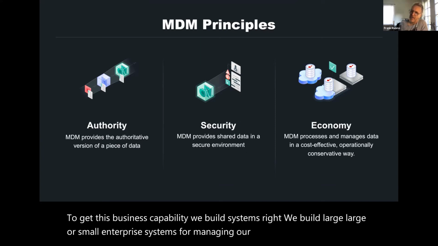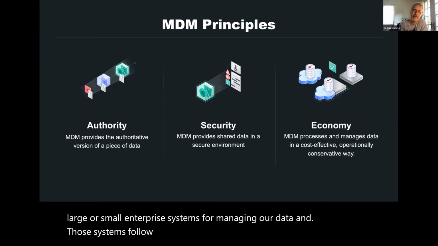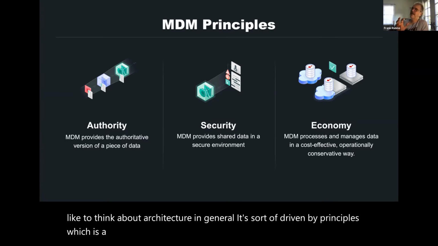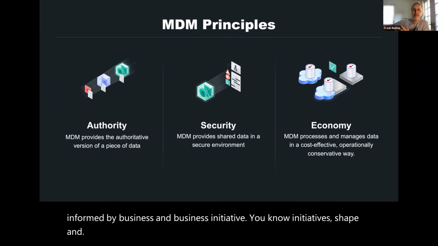Those systems follow principles, and this is how I like to think about architecture in general: it's driven by principles. Ultimately the principles are informed by business and business initiatives. Initiatives shape and guide those principles.